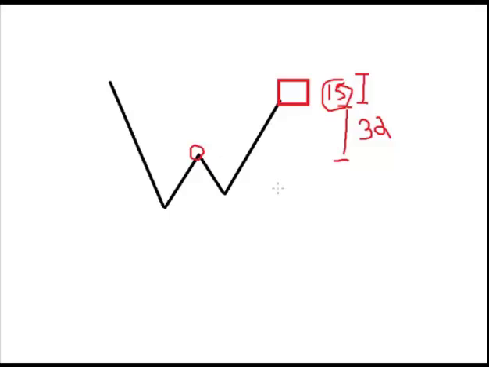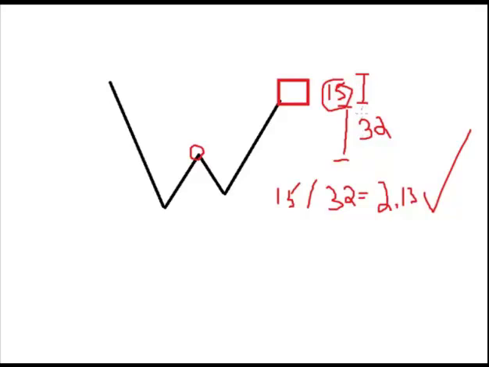How many times does 15 go into 32? That gives us about 2.13. So for every 1 pip we risk, we have the potential of gaining 2.13 pips, and therefore that is a good risk to reward.